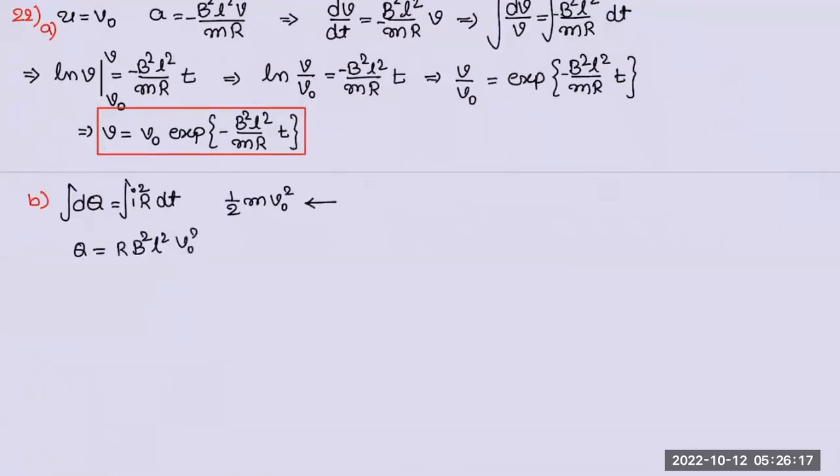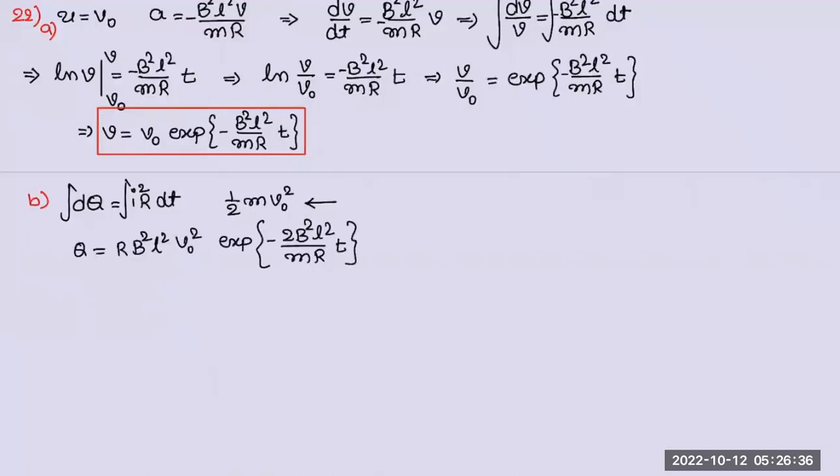V naught square exponential minus 2B square L square by MR t. What I did is that e power some x whole square, I took it as this, right?